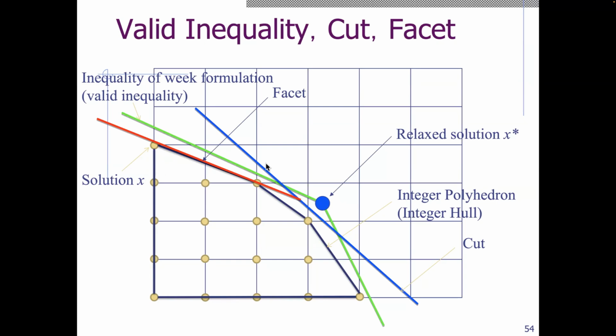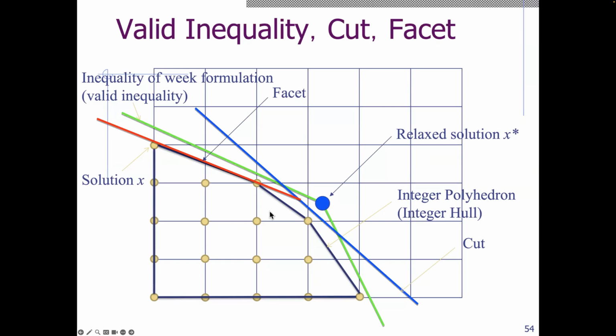This blue line is an example of a cut. The tightest or strongest cut is called a facet or a facet defining inequality. This red line is an example of the facet. The ideal formulation is the one that consists of facets only. That is called the integer polyhedron or integer hull, because it is a convex hull of integer solutions.